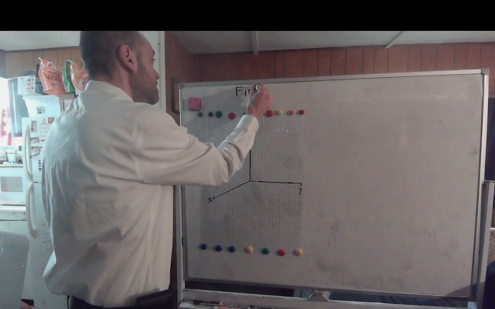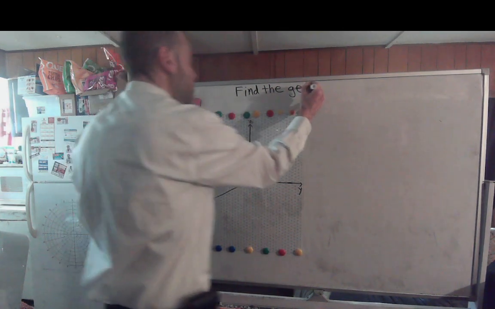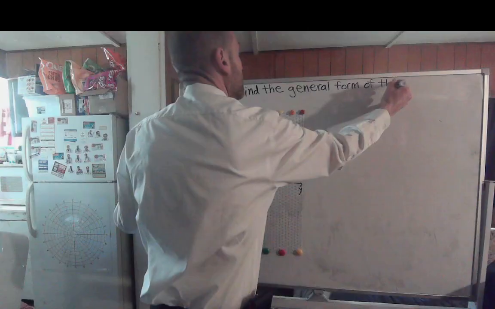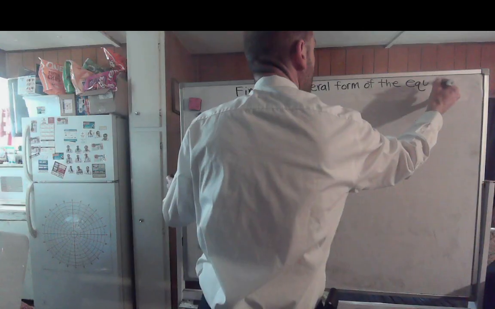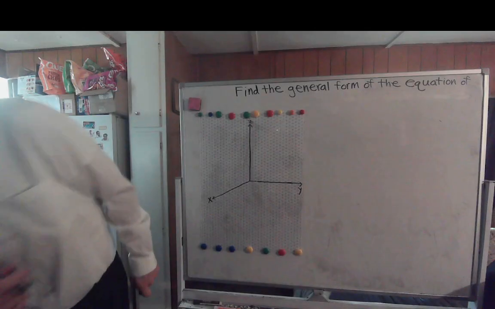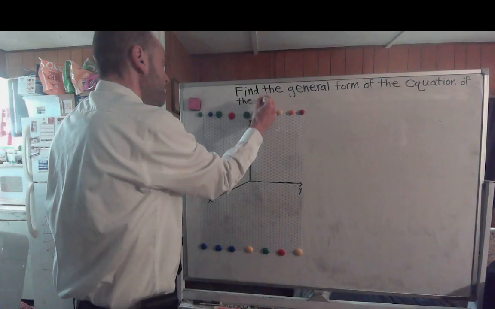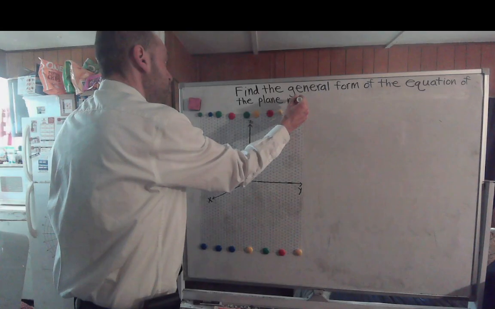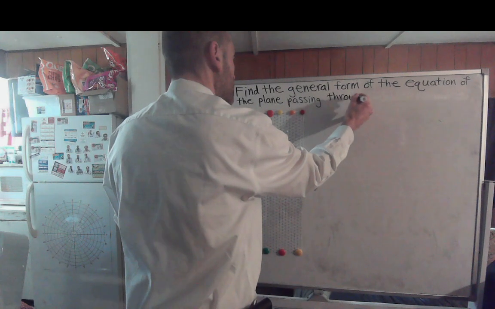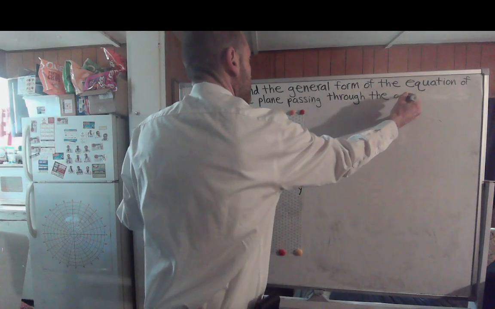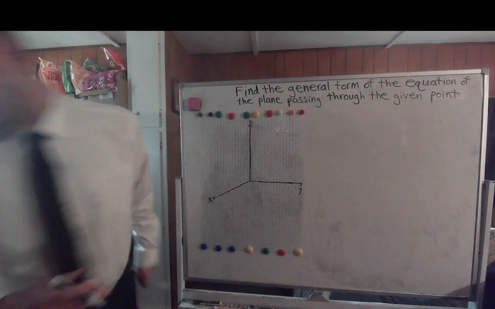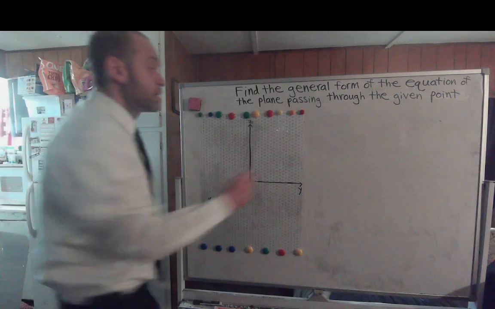Find the general form of the equation of the plane passing through the given point and normal to the given vector or line.